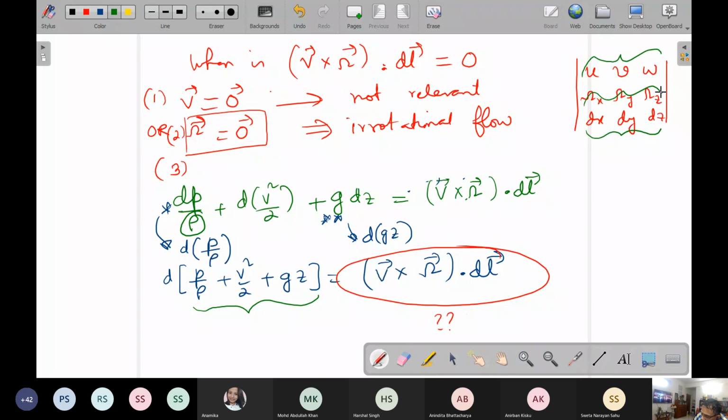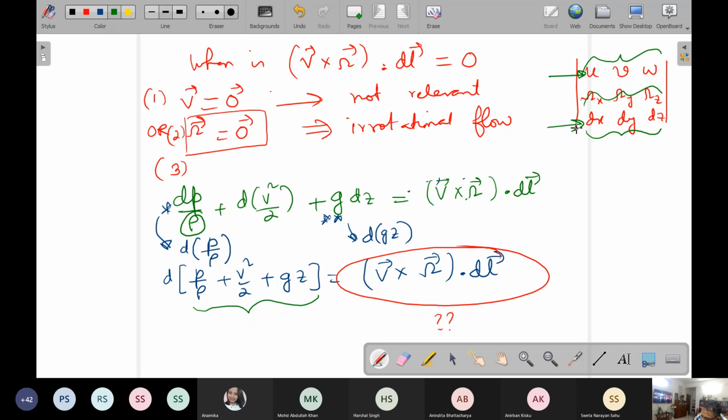Mathematically, the determinant will be 0 if either some rows are identical or one row is a scalar multiplier of another row. So let us consider row 1 and row 3.